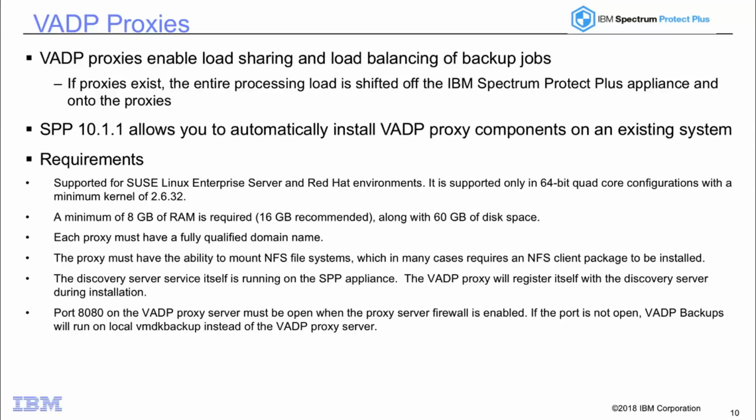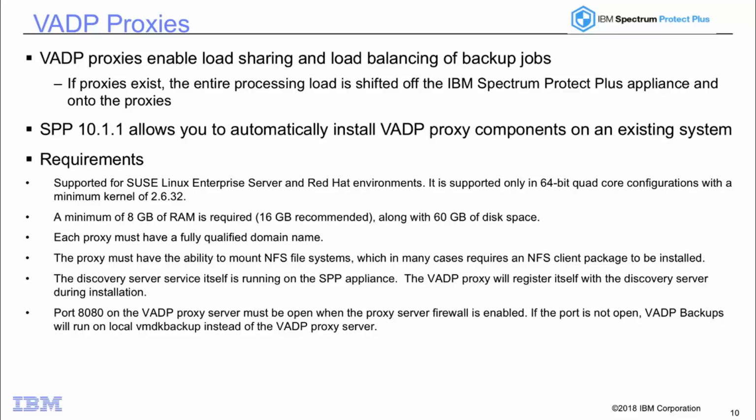Well, in previous versions of the product, or in version 10.1, you had to manually install those proxies. And a new enhancement in version 10.1.1 allows you to automatically install the VADP proxy components onto an existing server. There's a list of requirements at the bottom.